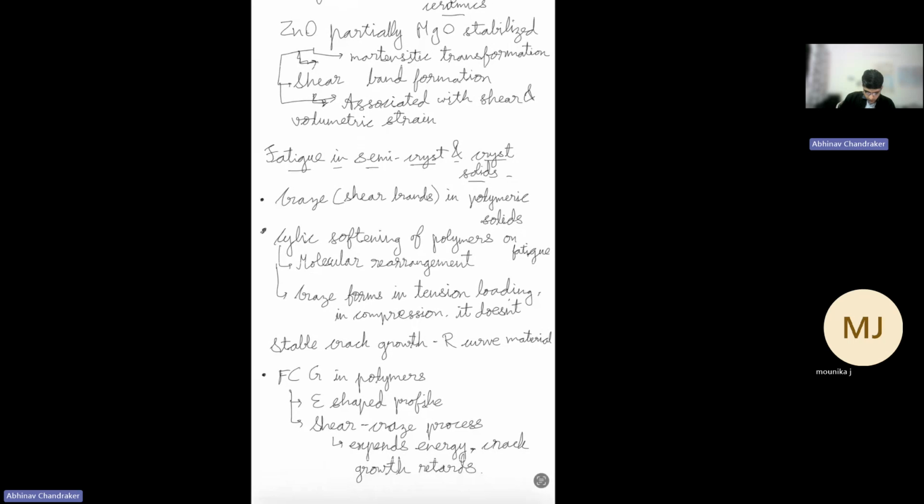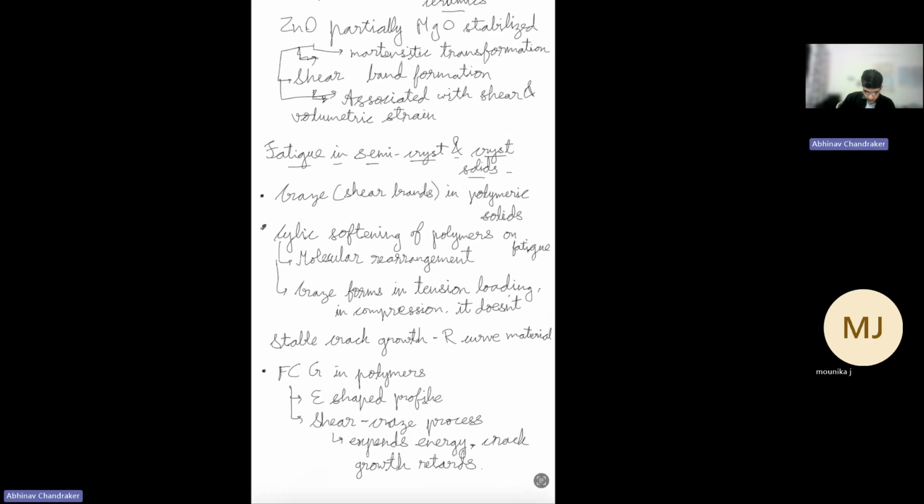So now we'll look at fatigue in polymers, just very briefly. So in polymers, you have very different phenomena occurring. We have seen about deformation in polymers earlier. Professor has taught it separately.